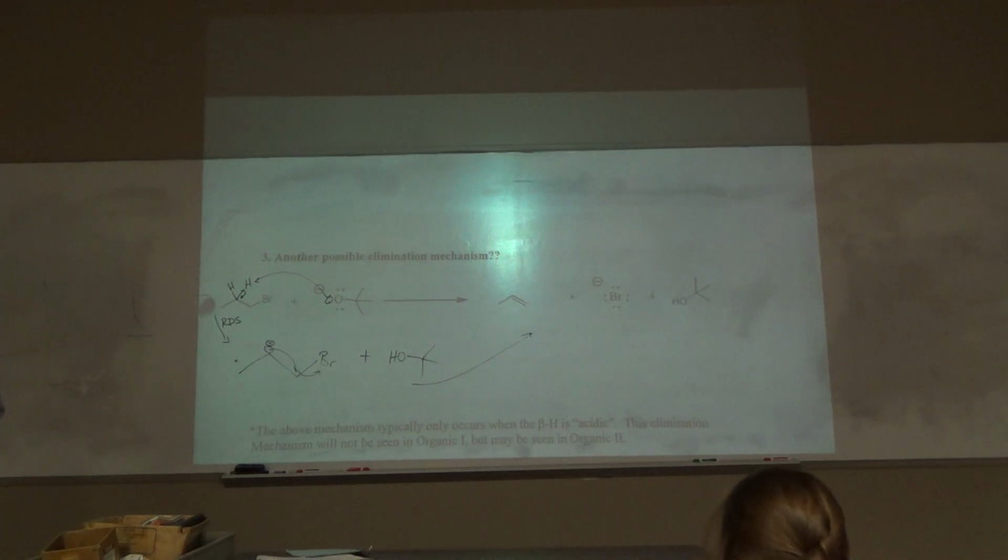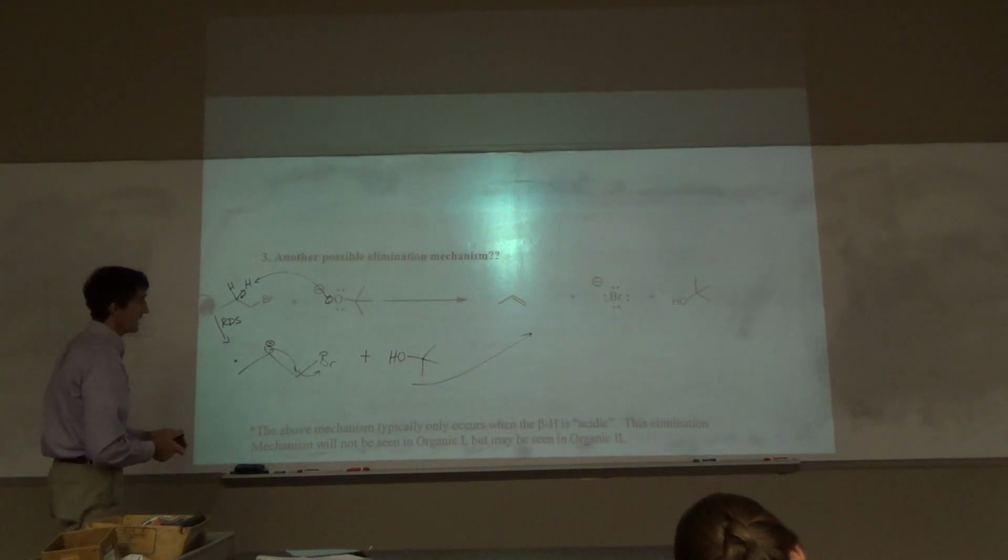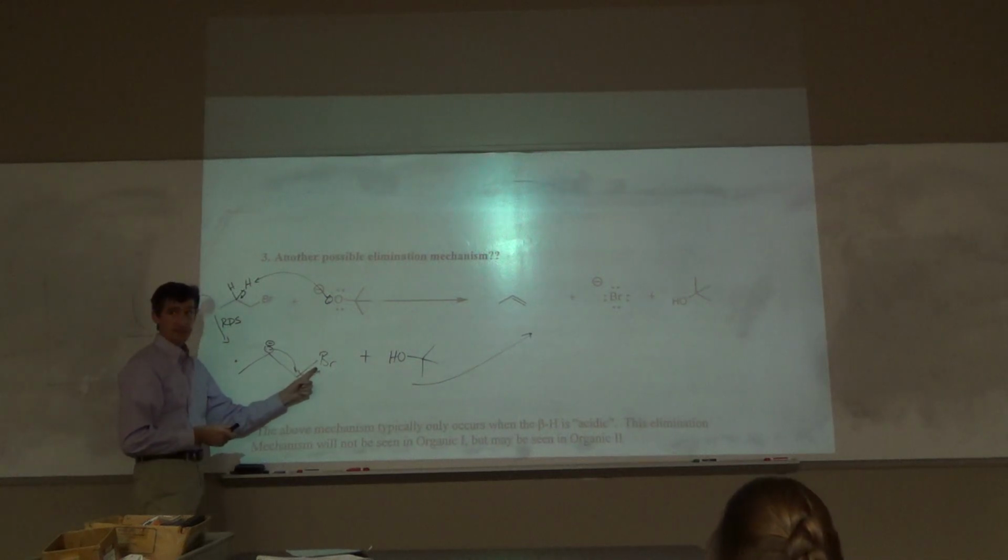Did the leaving group leave in the rate determining step? It did. In E1 and E2, the leaving group leaves in the rate determining step. In this mechanism I showed you, it does not. The reason I point that out is that's an assessment you should be able to do here. The leaving group leaves in the fast step here.